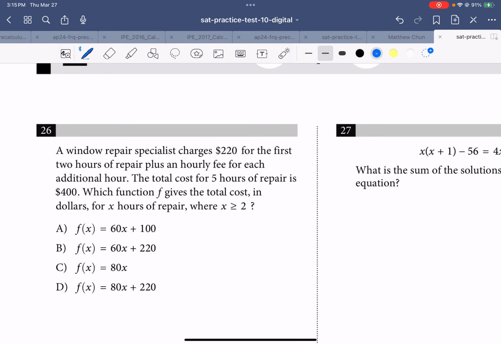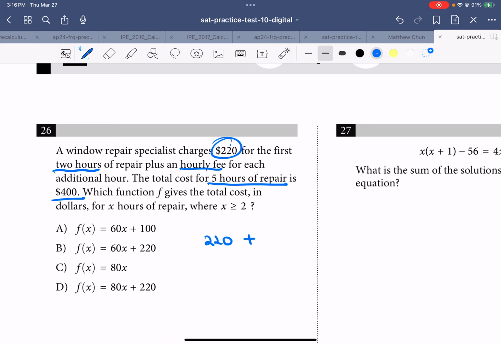Number 26. A window repair specialist charges $220 for the first 2 hours, plus an hourly fee for each additional hour. The total cost of 5 hours of repair was $400. So you can first find out what the hourly fee is after 2 hours. So you can say 220 is the charge for the first 2 hours, right?